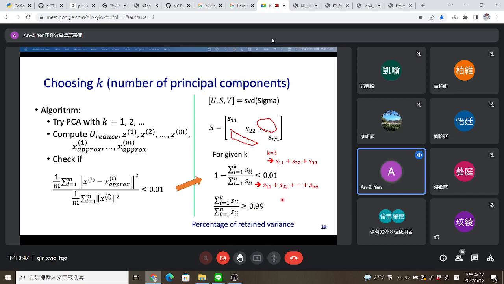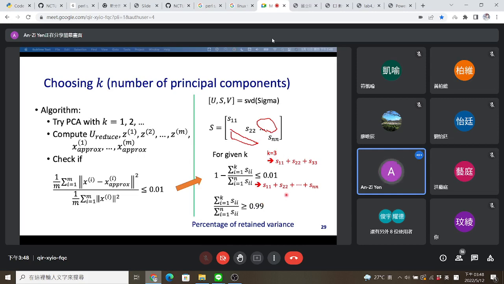And so what we can do is slowly increase the number of k, set k equals 1, equals 2, and equals 3. And we just test this quantity to see the smallest value of k that ensures 99% of variance is retained.